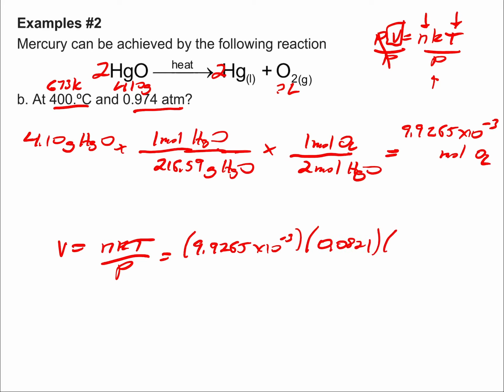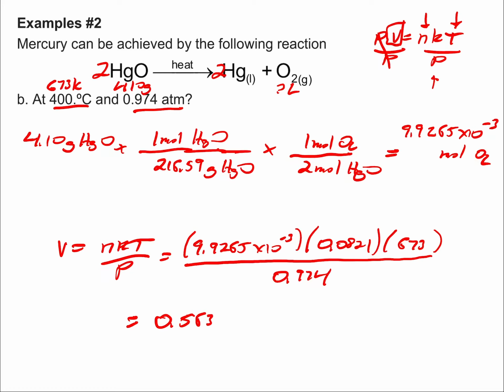My temperature is 673 Kelvin. Divide this whole thing by the pressure, which is 0.974. Plug this in my calculator, 9.9265 times 10 to the minus 3 times 0.0821 times 673 divided by 0.974, and we get an answer of 0.563 liters.